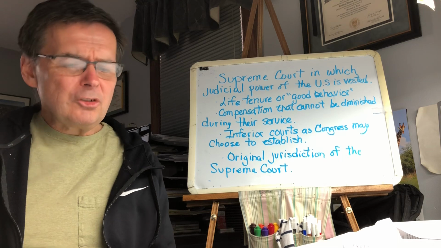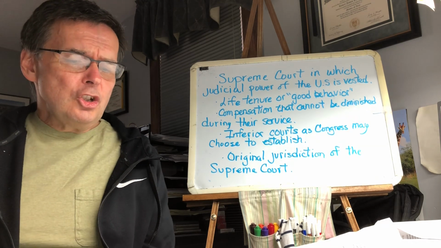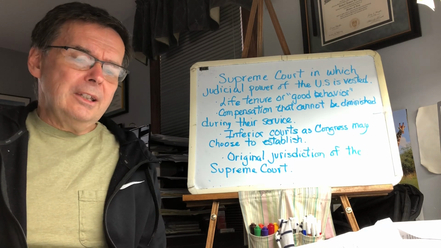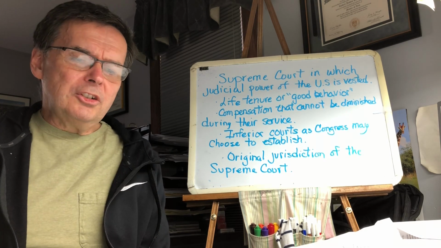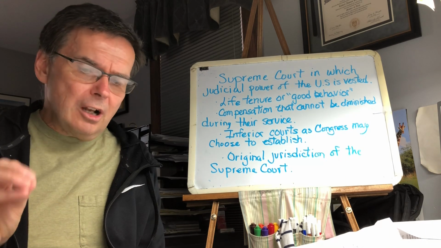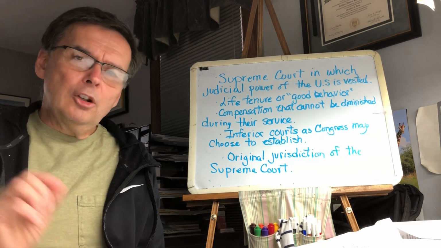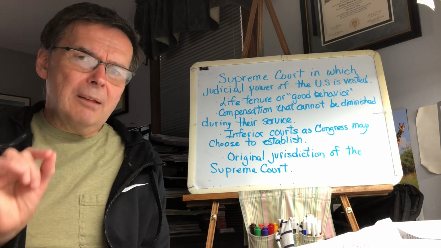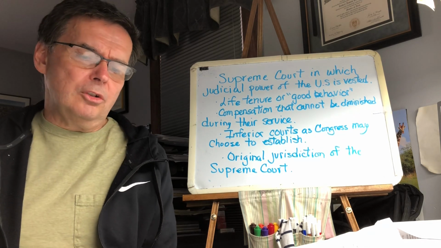Okay? So looking at your fill-ins here, judicial review. Judicial review is the power to decide if a law or other legal issue contravenes the Constitution and overturn it. So this power is not mentioned in the Constitution.